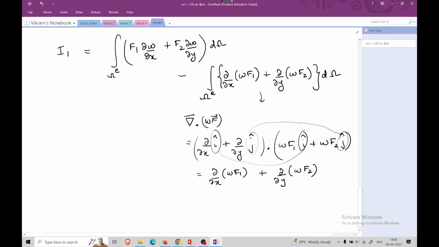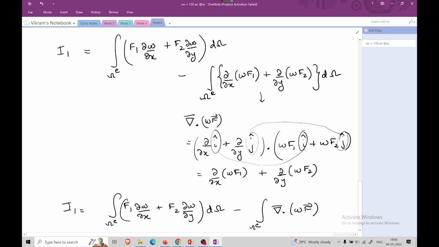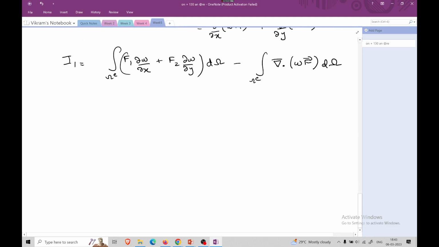So we can rewrite this entire I1. I1 I am going to rewrite like this: integral over the domain of f1 ∂W/∂x plus f2 ∂W/∂y dΩ, minus integral over the domain of del dot W F dΩ. Now we have to make use of the divergence theorem.